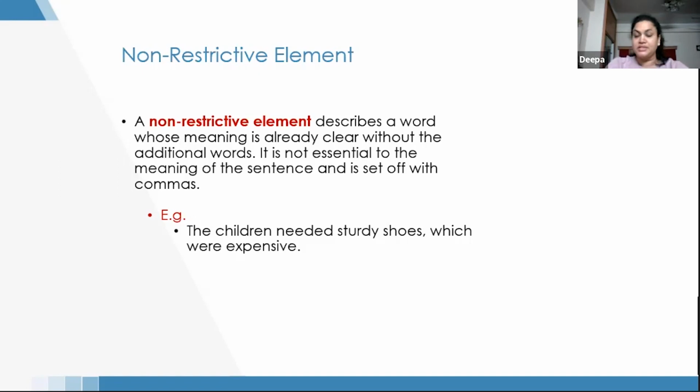That is what a non-restrictive element is. The moment we are talking about sturdy shoes, we know that sturdy shoes don't come for free, or are not inexpensive. We already understand that they would be of value.